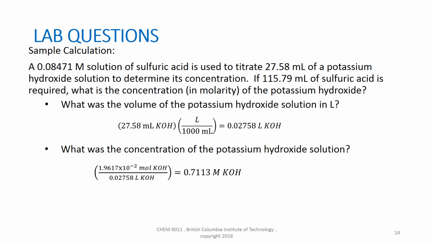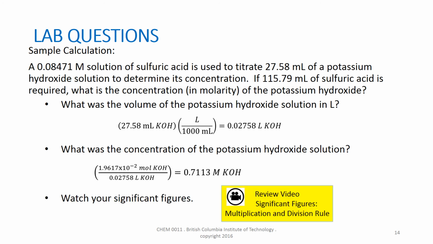The concentration of potassium hydroxide is then obtained by dividing the moles of potassium hydroxide by the volume of potassium hydroxide solution. The concentration of potassium hydroxide solution is found to be 0.713113 molar. Remember to watch your significant figures. If help is needed, review the significant figure videos.